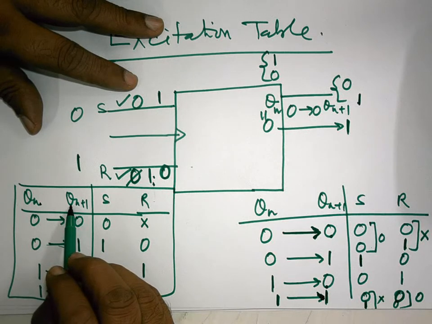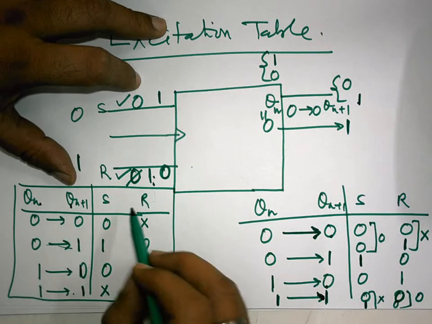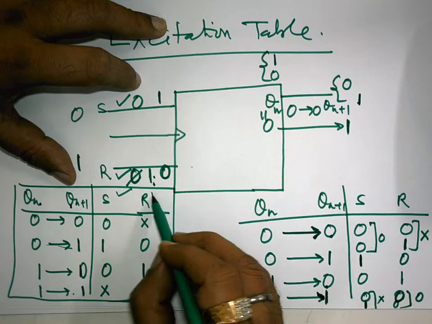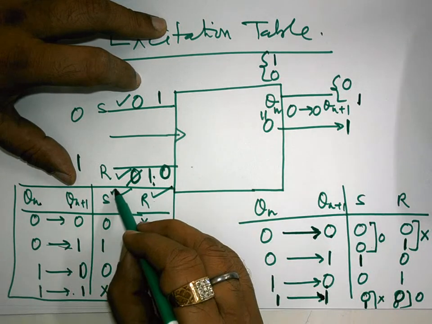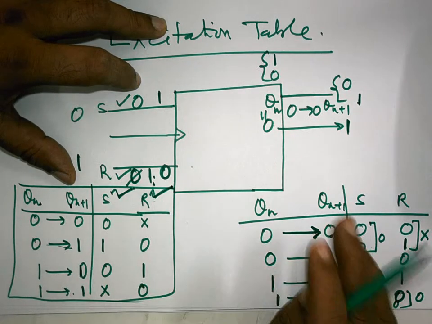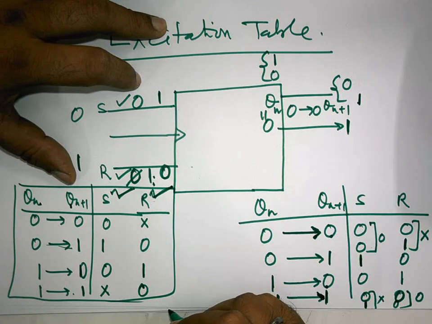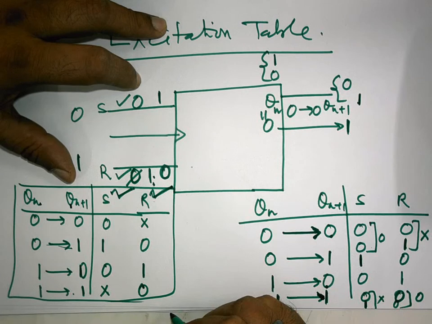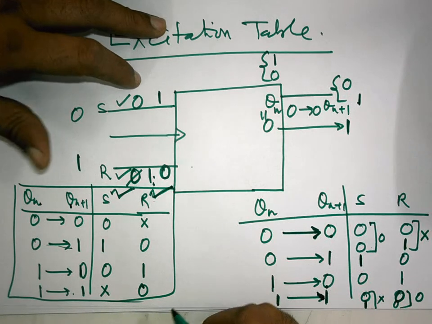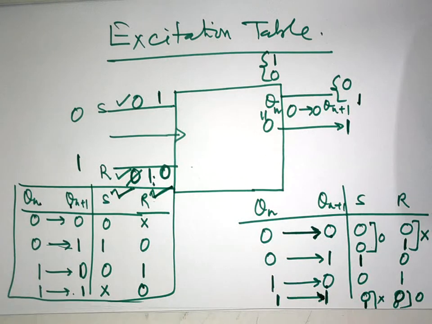And to fulfill these output transitions, how we need to excite S and R is written in this table. Okay. Getting this thing? This table is needed while designing many sequential circuits or state machines. If we wish to design a state machine using an SR flip-flop, then this table is always needed.